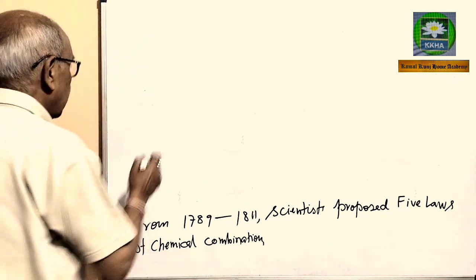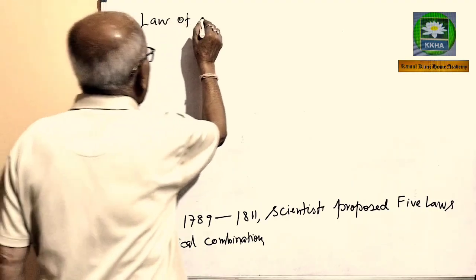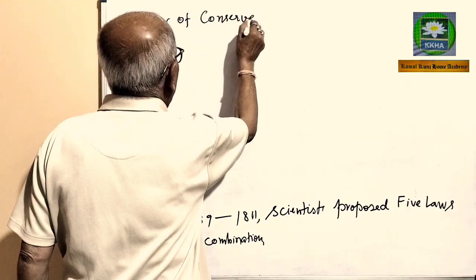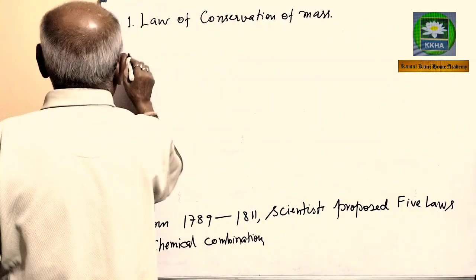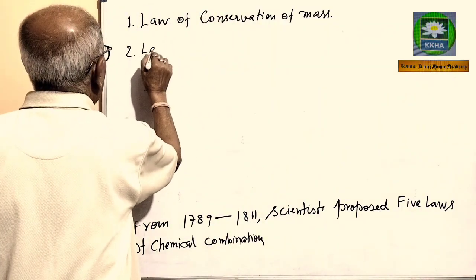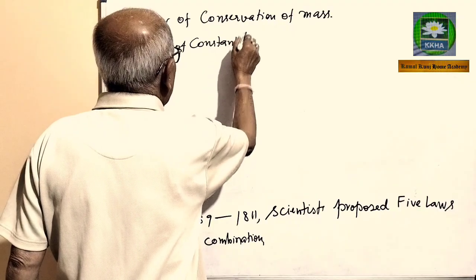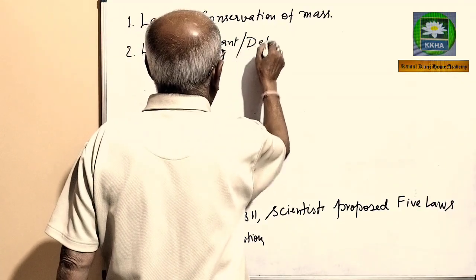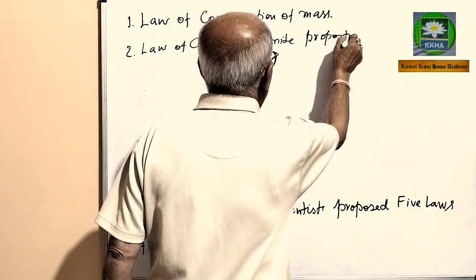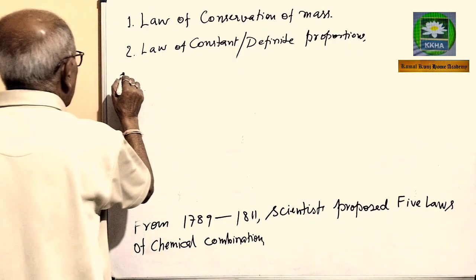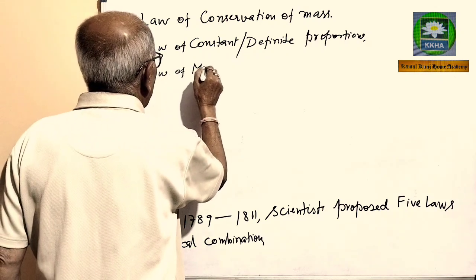These five laws of chemical combination are: number one, law of conservation of mass. Number two, law of constant or definite proportions. Third is law of multiple proportions.